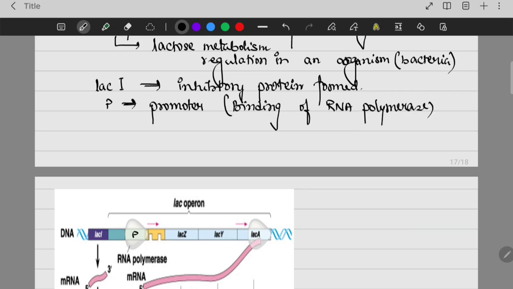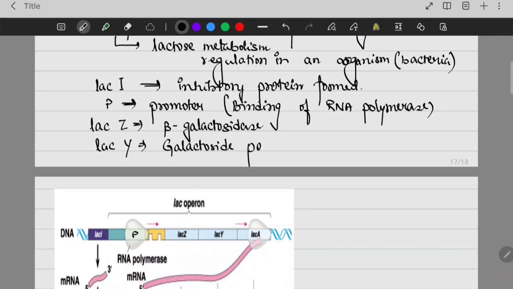And lac Z means there is transcription then translation of different proteins. If I write it like this, lac Z means the beta galactosidase. Lac Y means there is translation of the galactoside permease. And lastly, lac A means the transacetylase. So these are the main points in the lac operon.